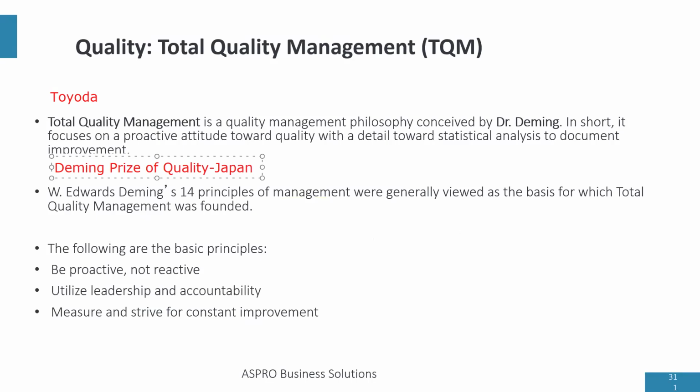Now, Dr. Deming is an American, and the Japanese were celebrating his achievements and accomplishments. So if you want to do anything notable in Japan as a quality expert, you have to get the Deming Prize for Quality. And so, Dr. Deming was a celebrity in Japan because of this introduction to quality management.